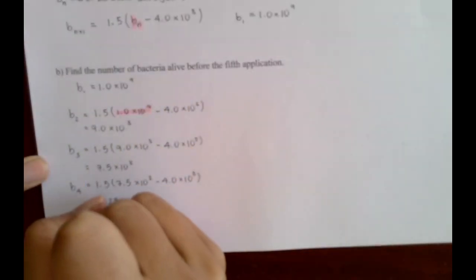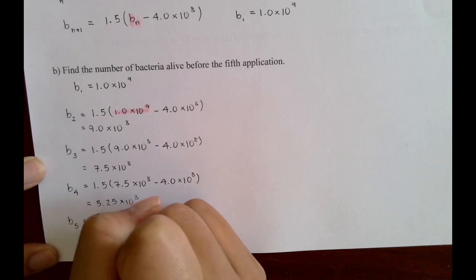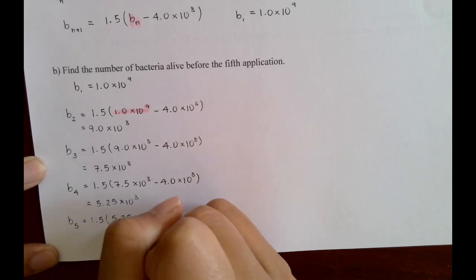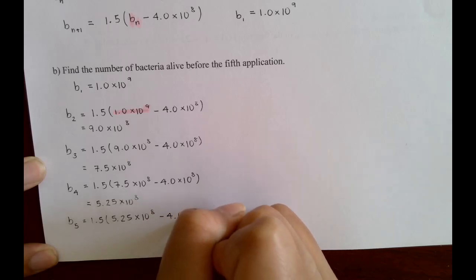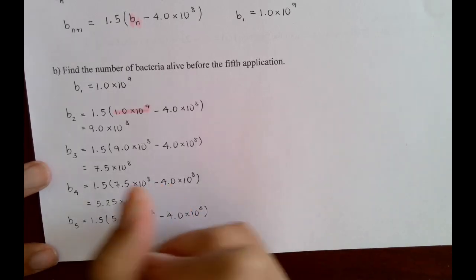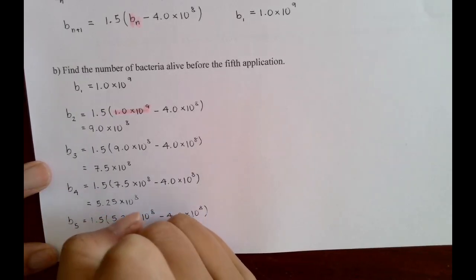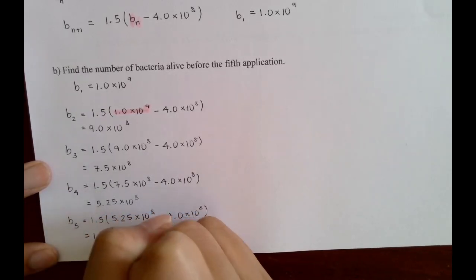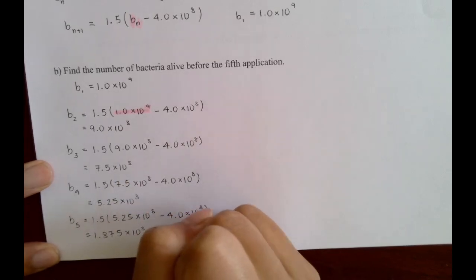And then now, right before the fifth application, so B sub 5 equals 1.5 times 5.25 times 10 to the 8th minus 4.0 times 10 to the 8th. Okay. And so right before the fifth application, there is 1.875 times 10 to the 8th bacteria. That is it.